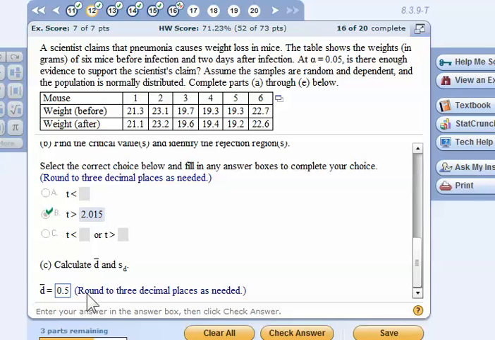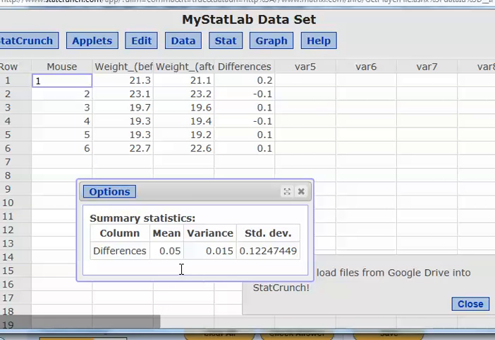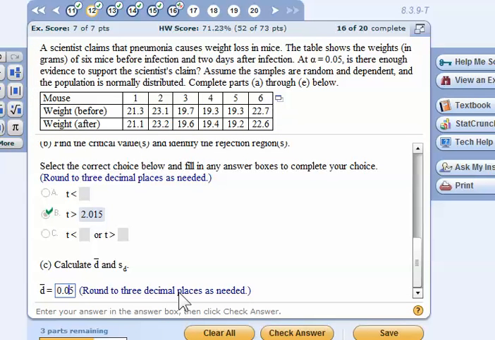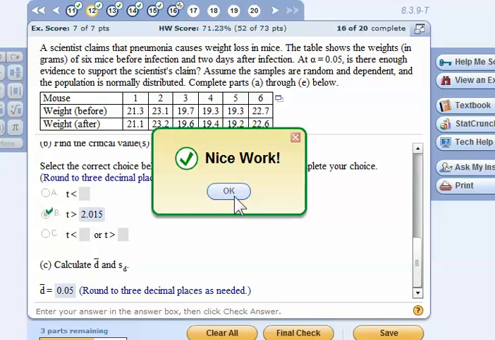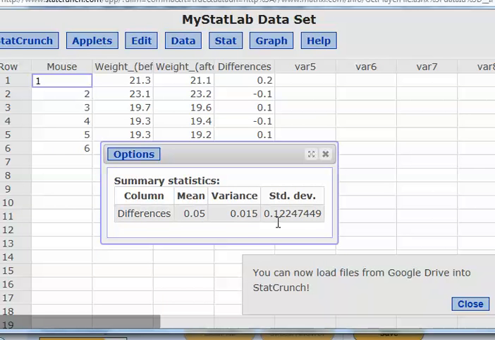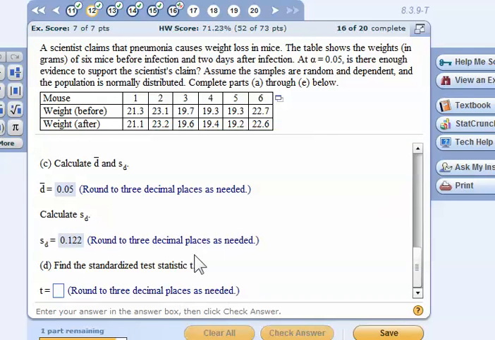And the standard deviation from the sample is 1.22. Okay, and then the standardized test statistic.